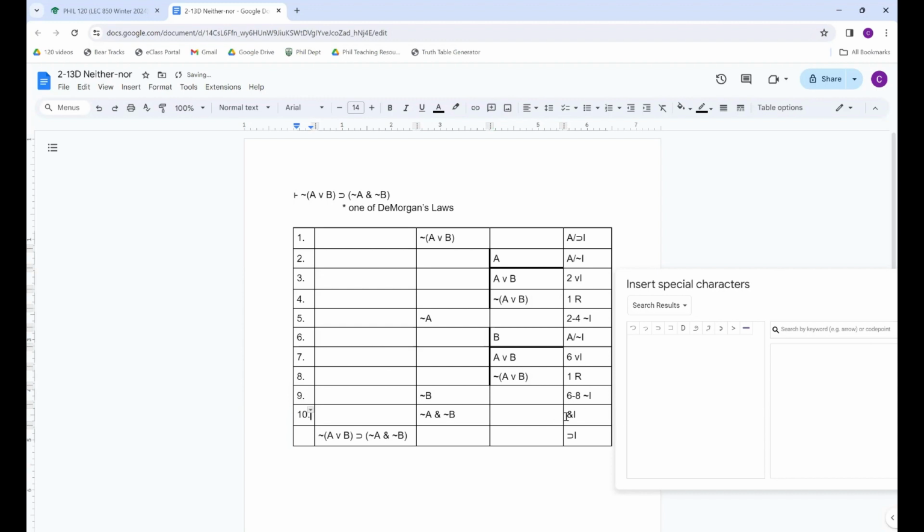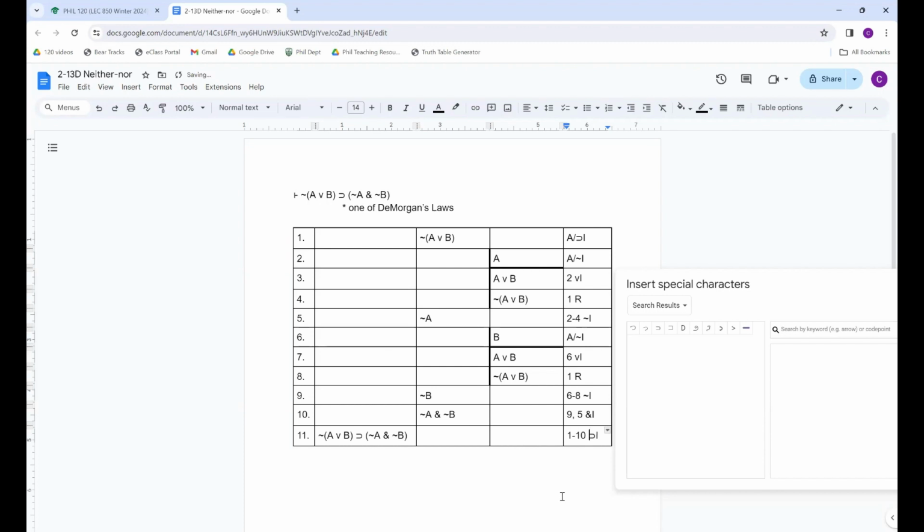This is line 10, and we can fill in these line numbers. We got it from lines, well, it doesn't matter what order we put them in. Lines 8, oh no, wait, that's not right. It's lines 9, 9, and 5. The order that we put them in really doesn't matter. And then 11, and we got this by 1 to 10.